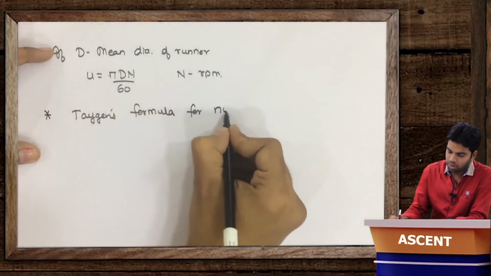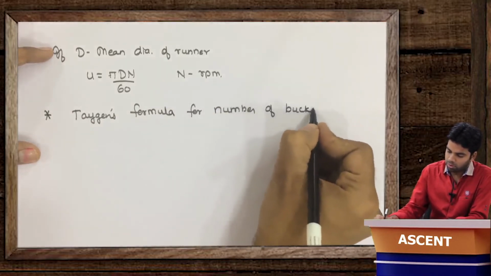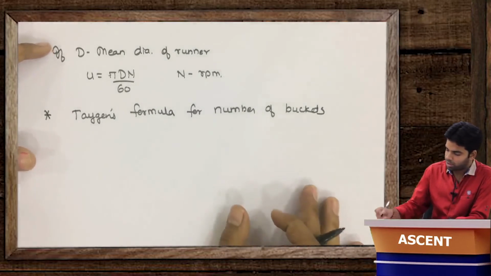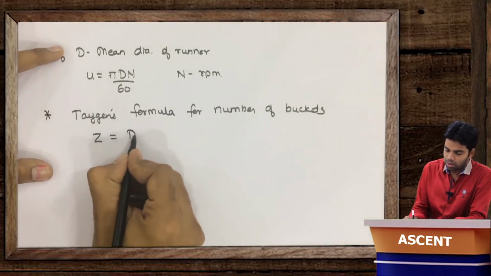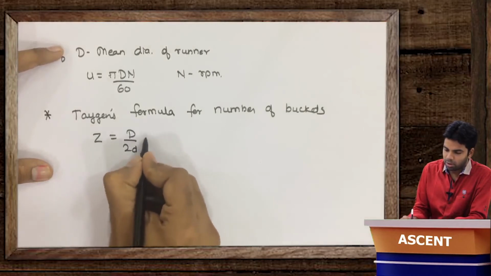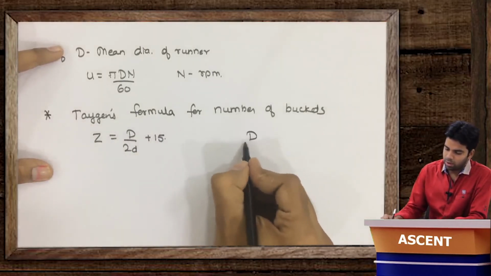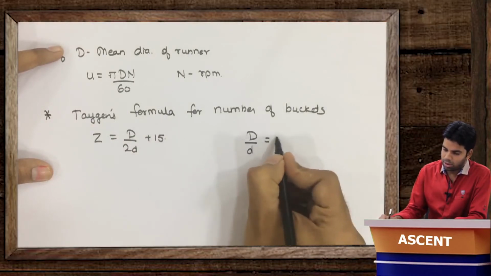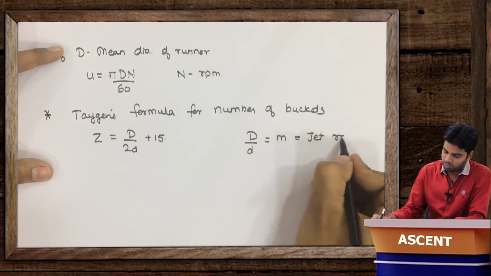One more thing while considering the design, that is Taygun's formula. Taygun gives a formula for the number of buckets, how many buckets should be kept in this Pelton wheel turbine. The number of buckets Z should be equal to D by 2d plus 15, where capital D by small d is equal to m, which is nothing but the jet ratio.